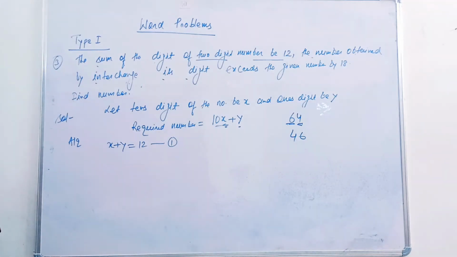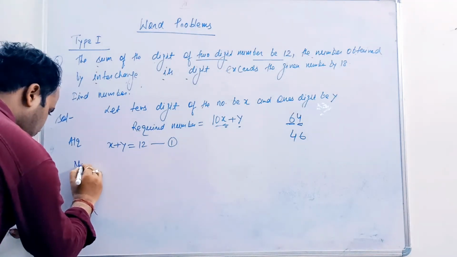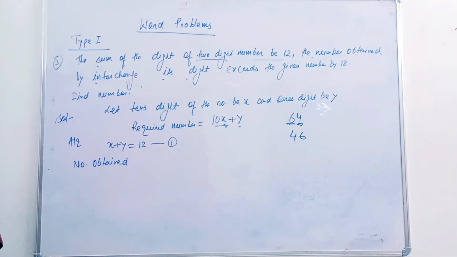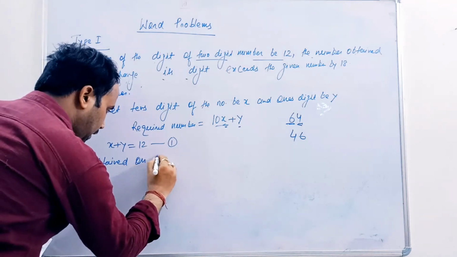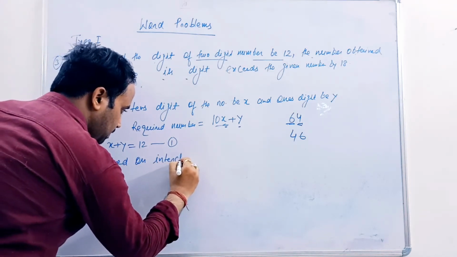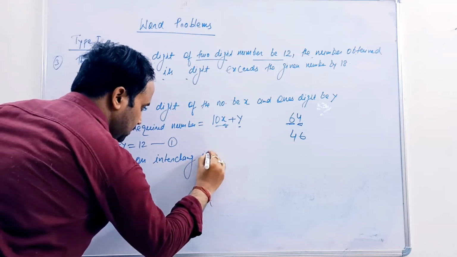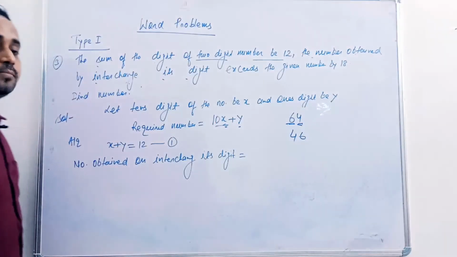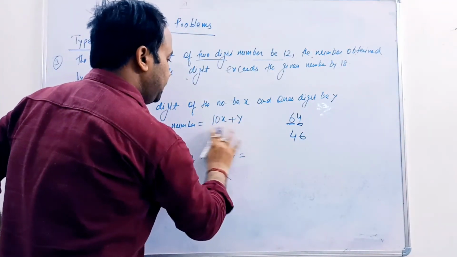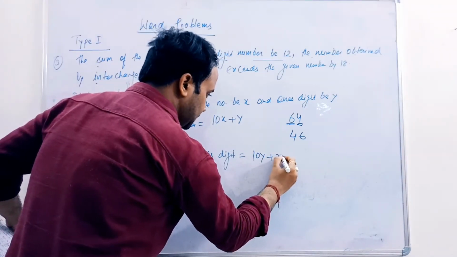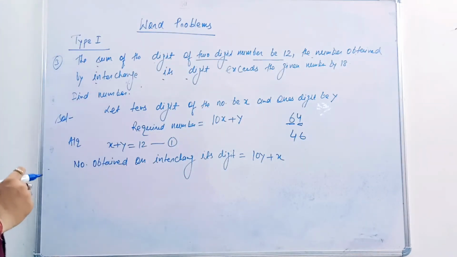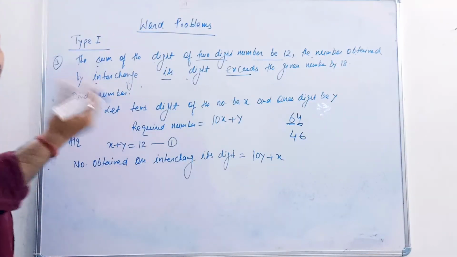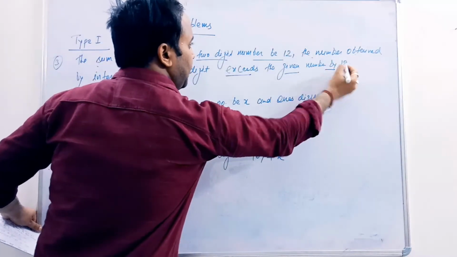So the number obtained on interchanging its digits becomes 10y plus x. We just have to interchange it.